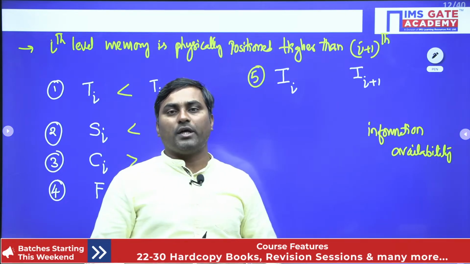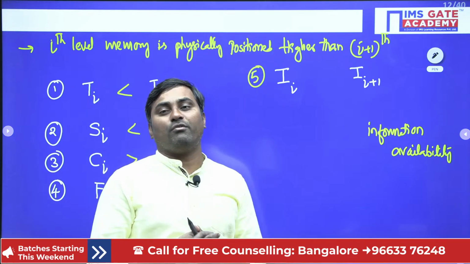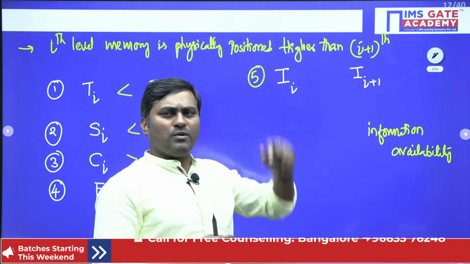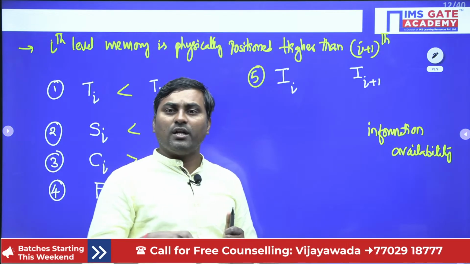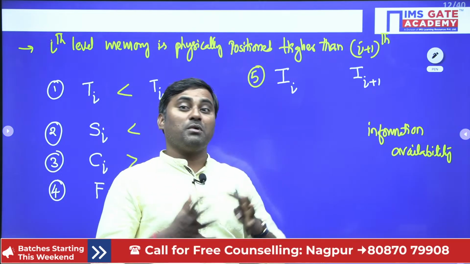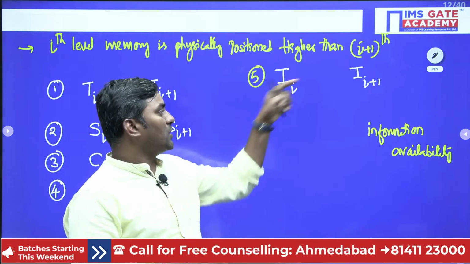What is the relation? Which level has more information? Obviously i+1. Then you tell me what relation I should write. Should I write less than or equal to, or greater than or equal to? What symbol should I use? Please think and comment what symbol I should write.